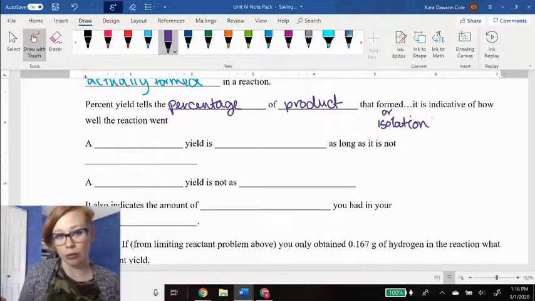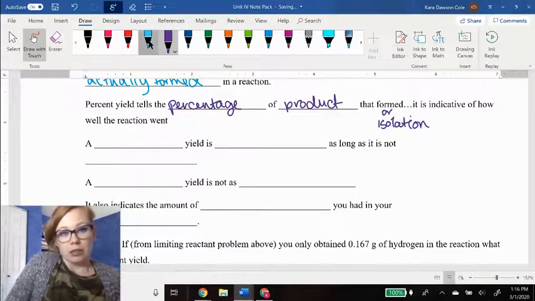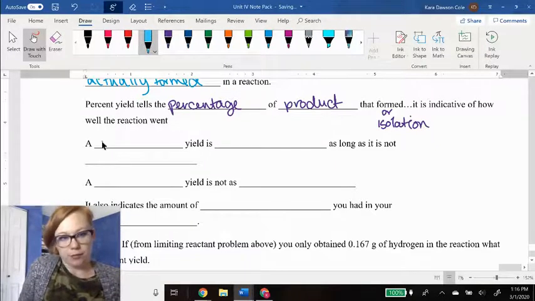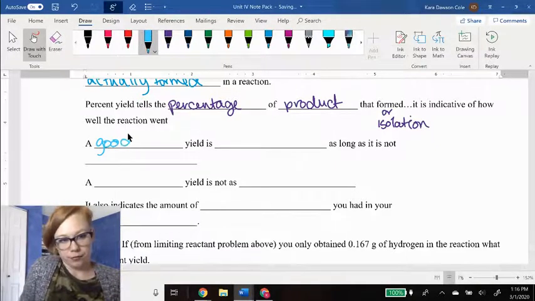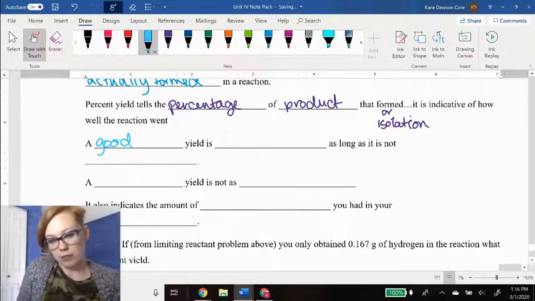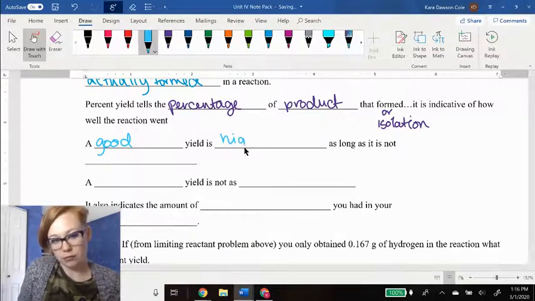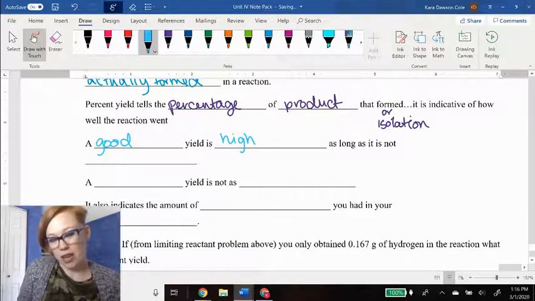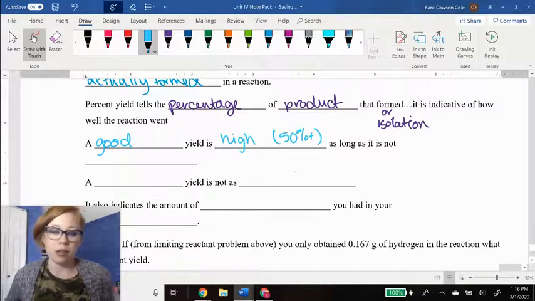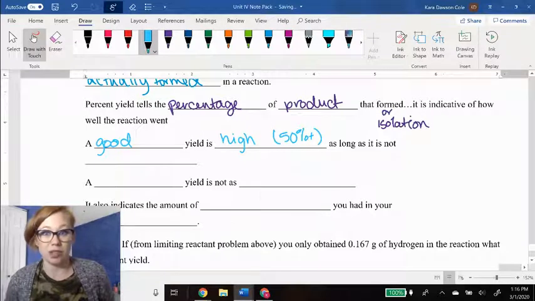So if we want to know what a good yield is, it's a high yield. So you can say, above a 50%. Some yields are even lower than 50%. Sometimes a good yield's 30%.